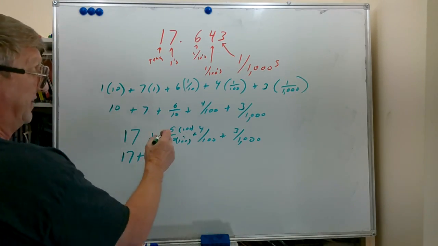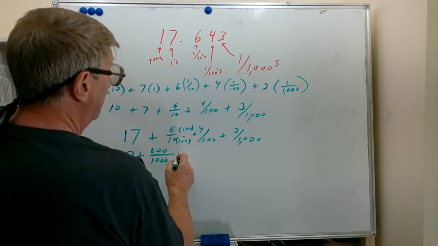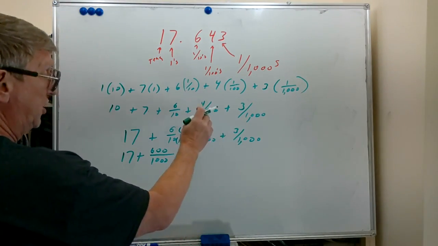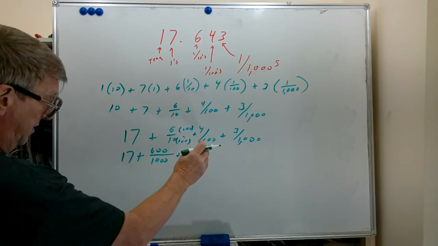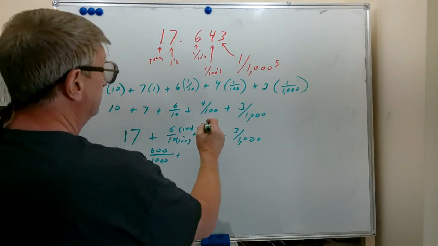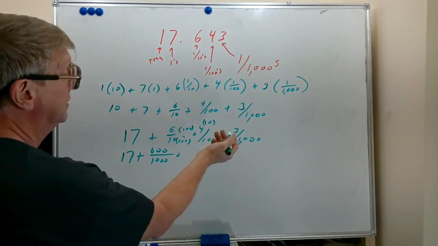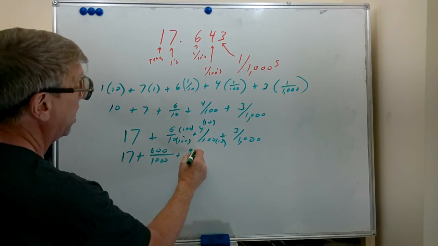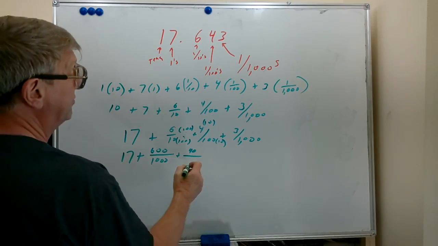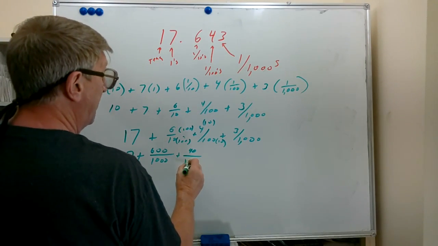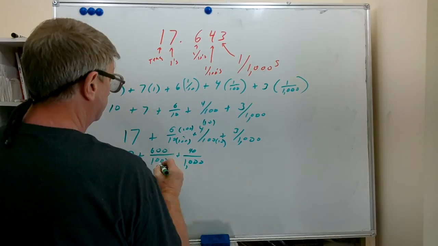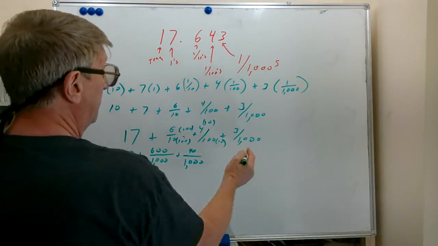You can see that that's the same as 6/10ths. This one, we're going to multiply the numerator and the denominator by 10, because it's already 100. 4 times 10 is 40. 10 times 100 is 1,000. And this one's already in thousandths.